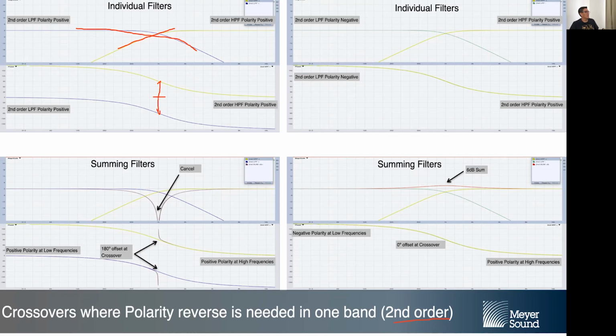So if we sum these two filters together, we are going to get cancellation, of course, because of the 180 degrees of phase shift. If we want to improve this, we need to polarity reverse one of the filters, either the low or the high pass filter. If you change the polarity, you're going to see a summation.